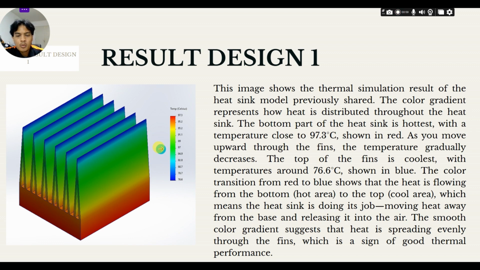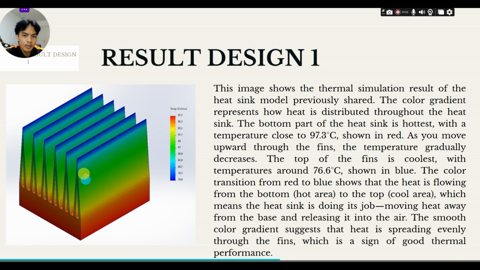shown in blue color. The color transition from red to blue shows that the heat is flowing from the bottom, the hot area, to the top, the cool area, which means the heat sink is doing its job, moving heat away from the base and releasing it into the air.